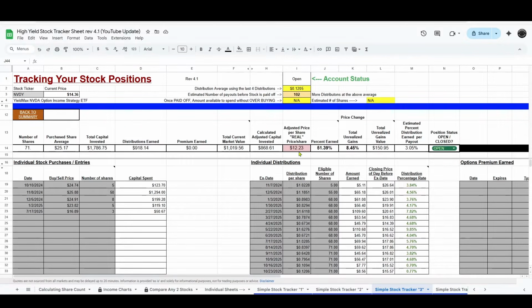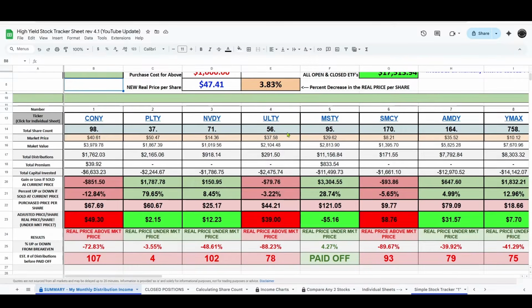And that will help to create and calculate that real price per share or the adjusted price per share, whichever one you want to call it, but it will create that number for you. And pretty much all this information is carried right over to the summary page. And of course, to get right back to that summary page, it's pretty simple. You can hover over the back to summary, click that, and right back there you go.